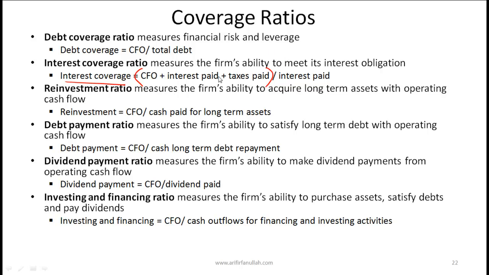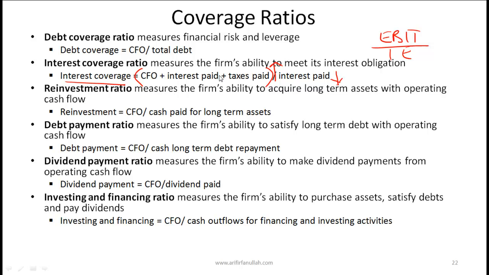The analogous one is EBIT, which is your operating profit, divided by the interest expense. Essentially, the numerator is equal to the cash flow that is generated, so we want this number to be high, divided by the interest that we pay, which we would want to be low.